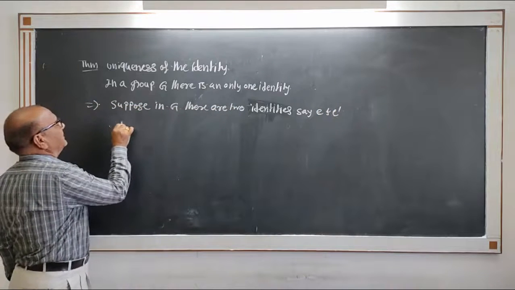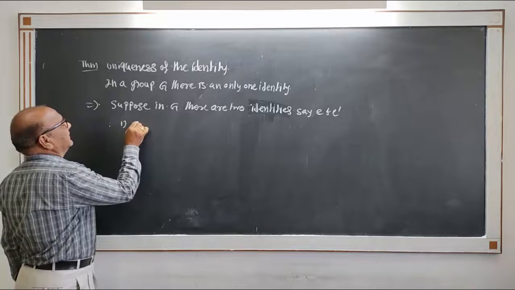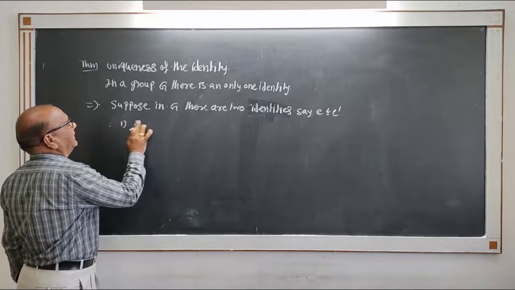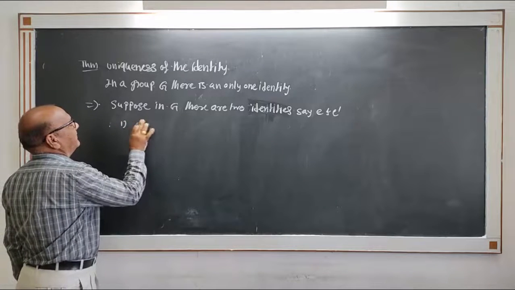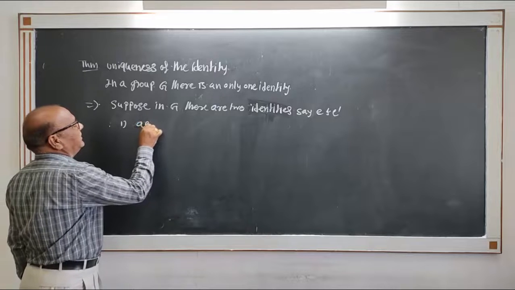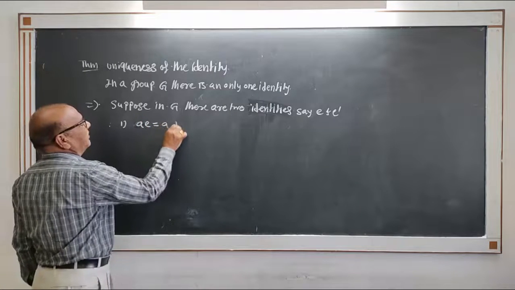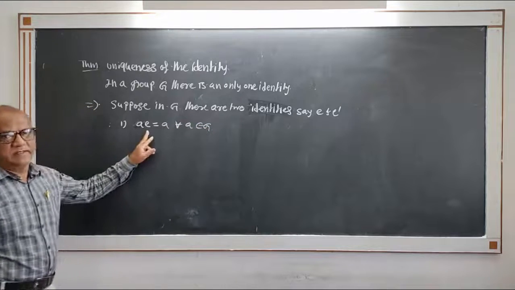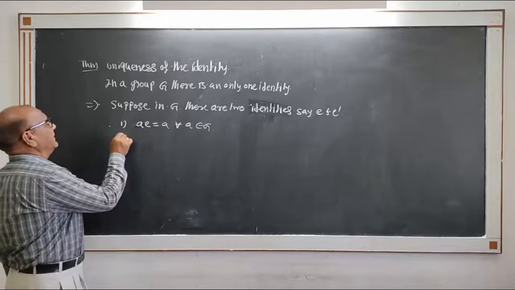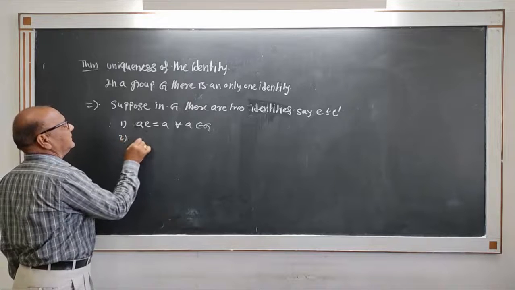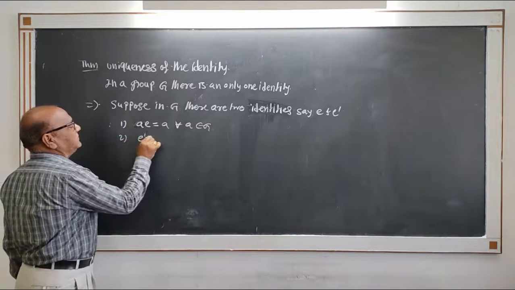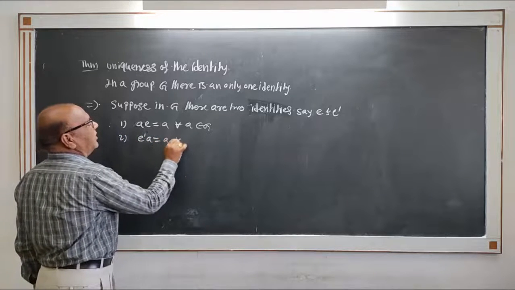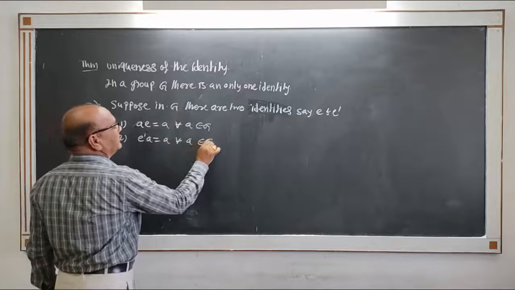Therefore, first, A into E is equal to A for all A belongs to G, since E is an identity. Second, E dash into A is equal to A for all A belongs to G.